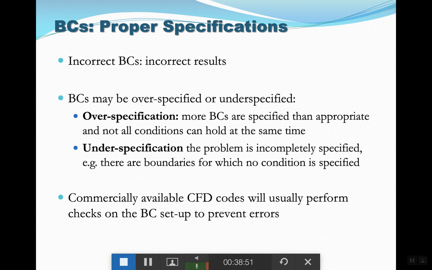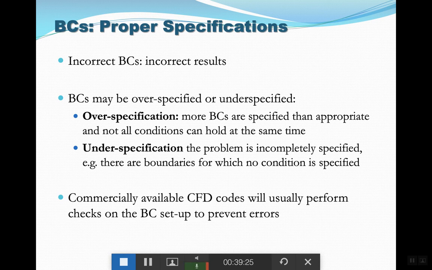In under-specification, you forget to provide a type for a surface which is a boundary. So, for example, in over-specification, you have 20 surfaces that are your boundaries. You have provided 22 types, more than the number of surfaces. In under-specification, you have 20 surfaces that have to be provided with boundary conditions. You have provided 18, 19, which leaves 1 surface without any type.